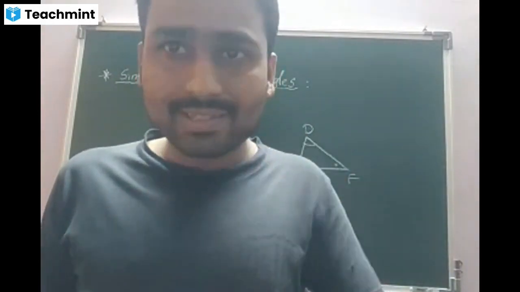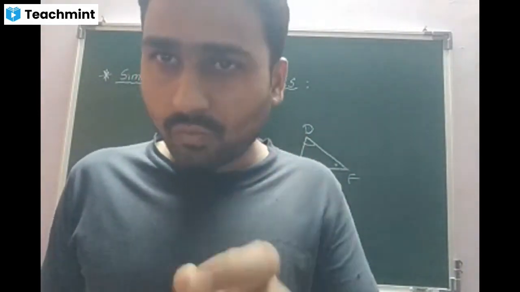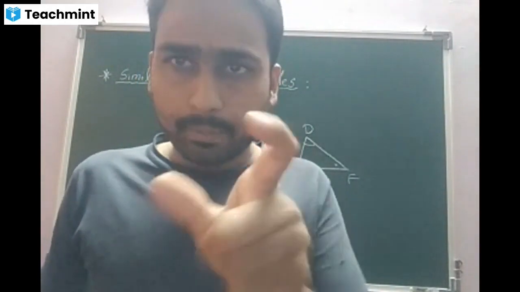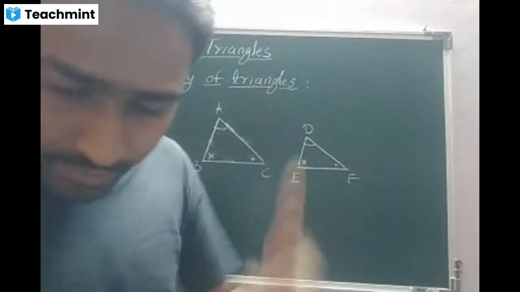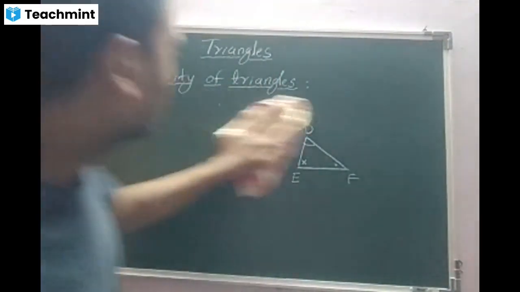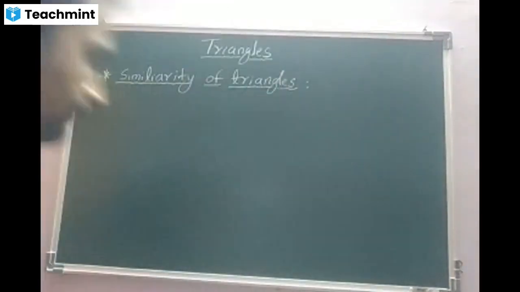So beta, let us start with the main definition of similarity of triangles. Make a para. I will dictate the definition and I'll explain from the diagram. Okay? Yes, sir. Write down. Make a para.